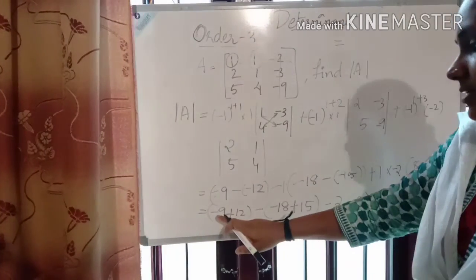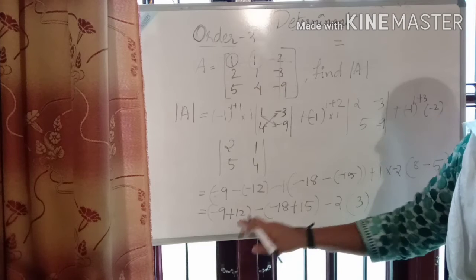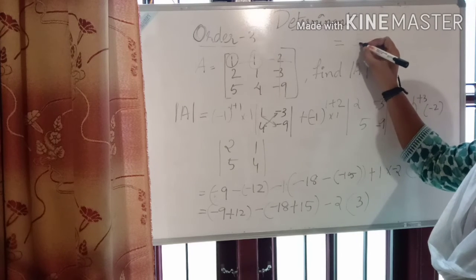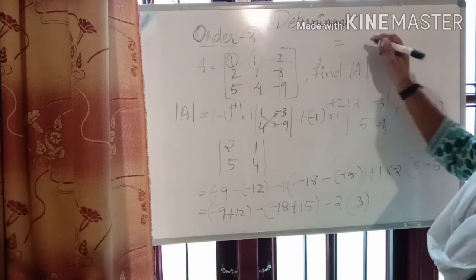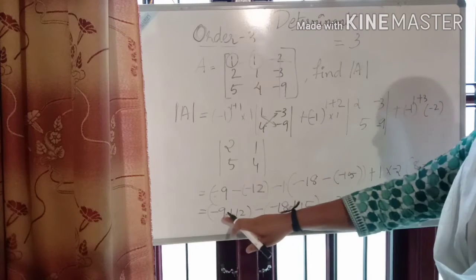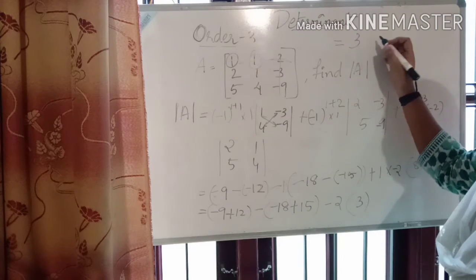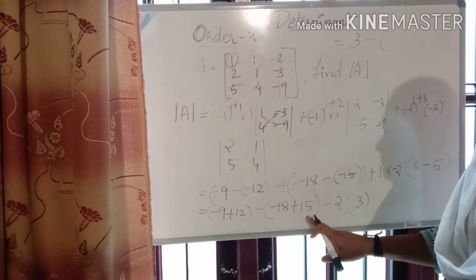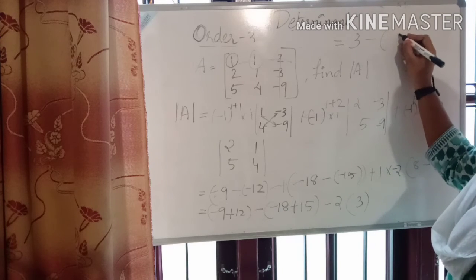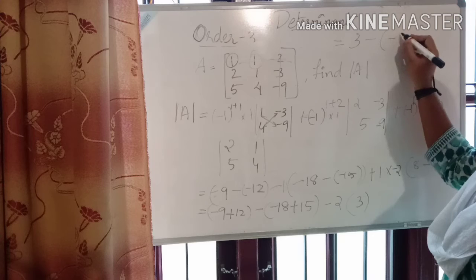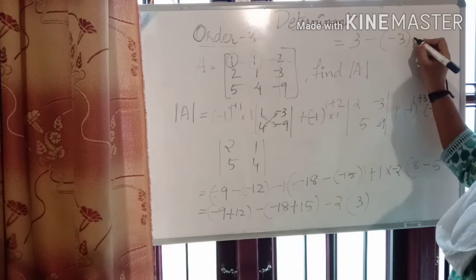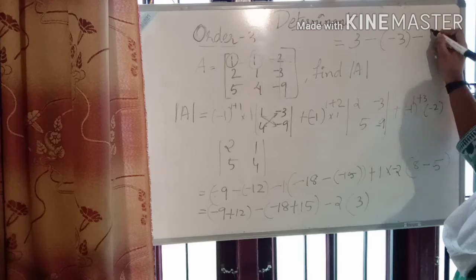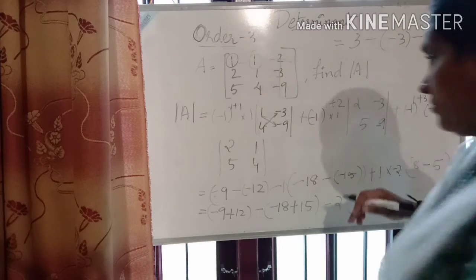Next step is minus 9 plus 12, that is plus 3, minus 18 plus 15, that is minus 3, minus 2 into 3, that is minus 6.